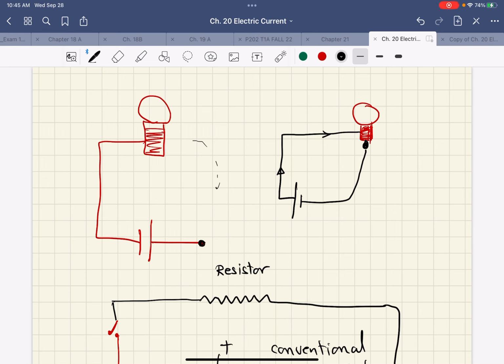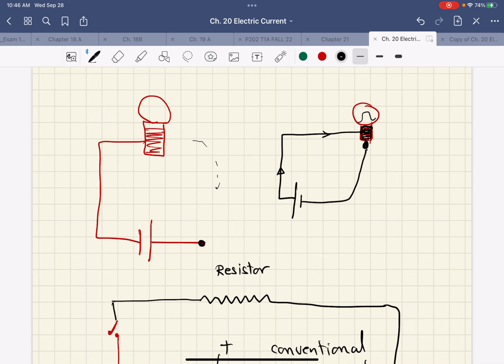But the student who was able to do it understood that there are two terminals for the bulb. One of them is here, and one of them is here, and then I can use the same wire. This is the wire, and this is the battery.